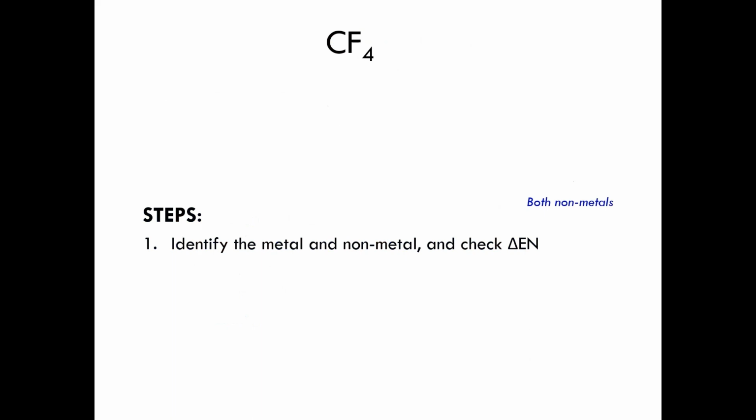And so I'm not really interested in determining the difference in electronegativity here, because that's only relevant when one of the elements is a metal. If both of them are nonmetals, I know that the compound is covalent, and so I can continue naming this compound covalently. The second step is to write out the element names.